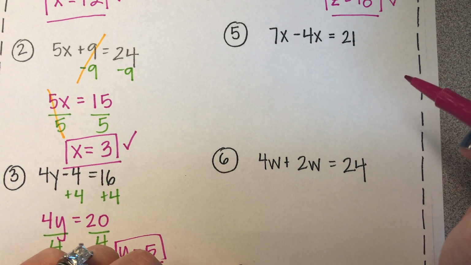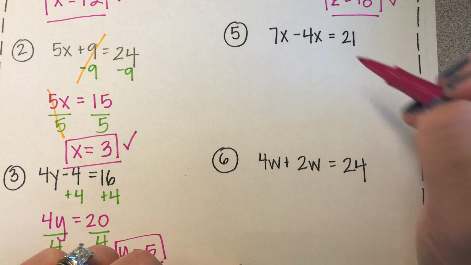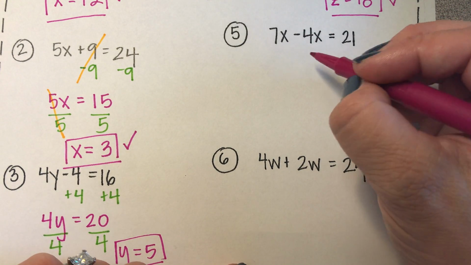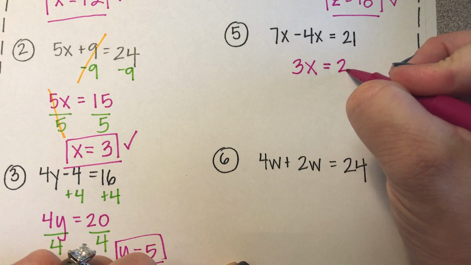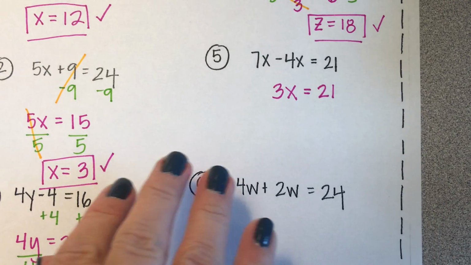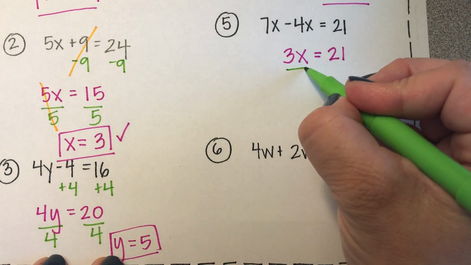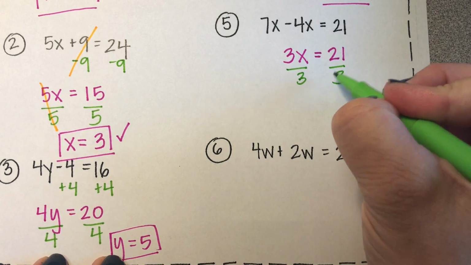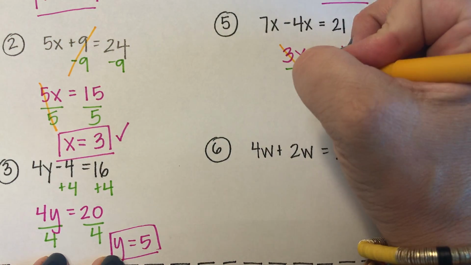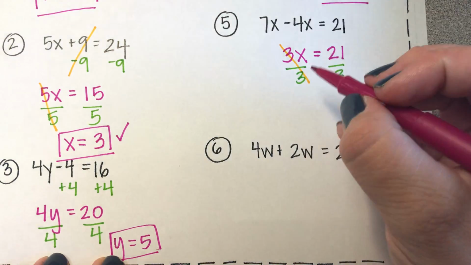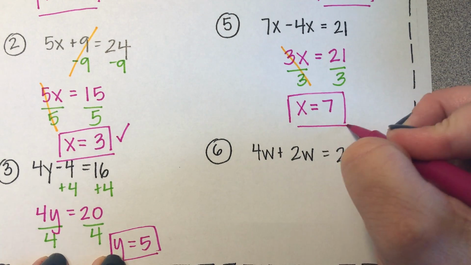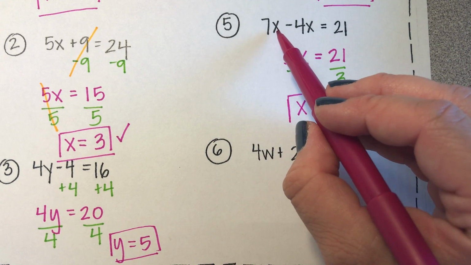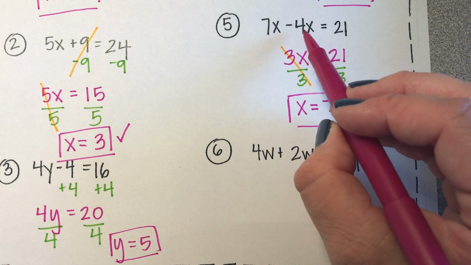So before I even worry about what x is, if I have 7 x's and I take 4 away, how many x's do I have? 3x is 21. So now I'm going to divide both sides by 3. And I'm left with x equals 7. So let's see if it works. 7 times 7 is 49.